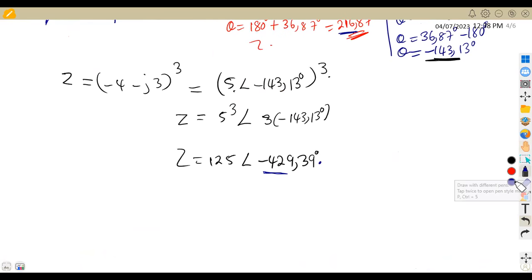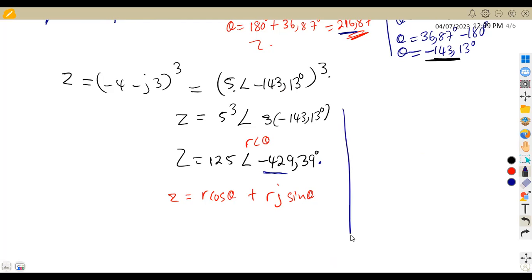So our z in rectangular form, remember that z from polar form of r angle theta, is going to be r cos theta plus rj sine theta, or you can use i in this case, or you can use j. Or you can use your calculator directly. I want us to use the calculator first, then we check with our final answers.